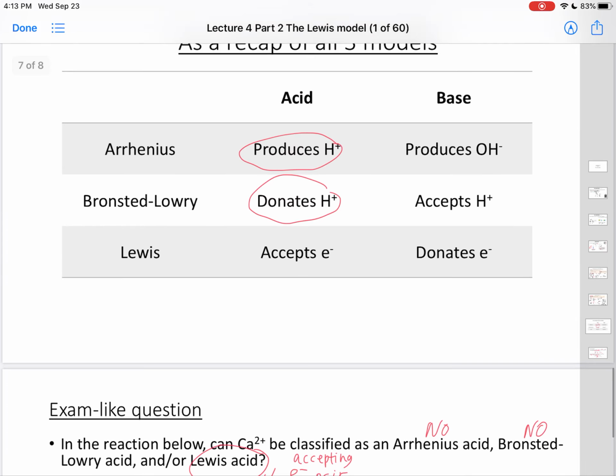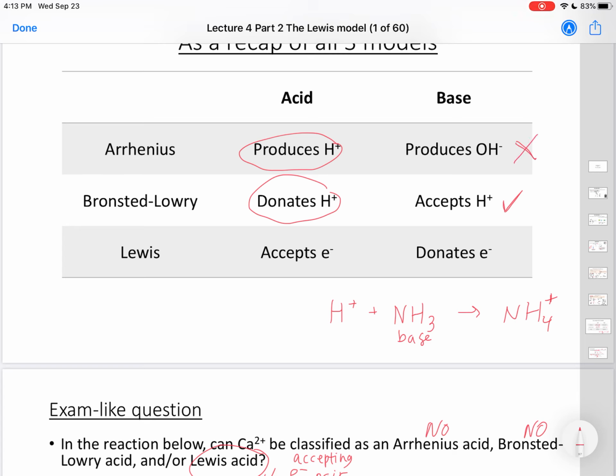Okay, one of the most popular exam-like questions is NH3. Okay? And it reacts with H+, and it forms NH4, right? So in this particular case, it is a base, right? It does accept H+, right? It accepts an H+ to form NH4.